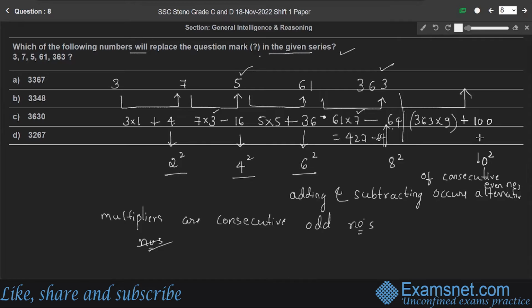So 363 into 9 is equal to 3267 plus 100, which is equal to 3367. Therefore, the last number is 3367, so option A is the right answer.